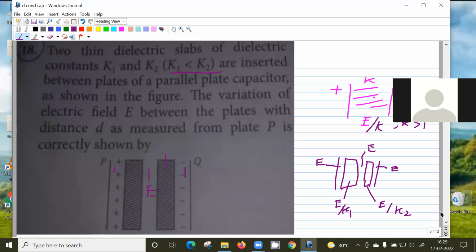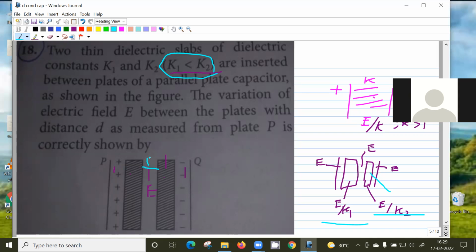So the electric field inside the dielectric will go down, right? Yes, sir. By 1 by K. And inside the second dielectric it will go down by 1 by K2. And K2 is greater than K1. So the drop in the electric field in the second dielectric will be more, right? Yes, sir. And in between two dielectrics there is air.